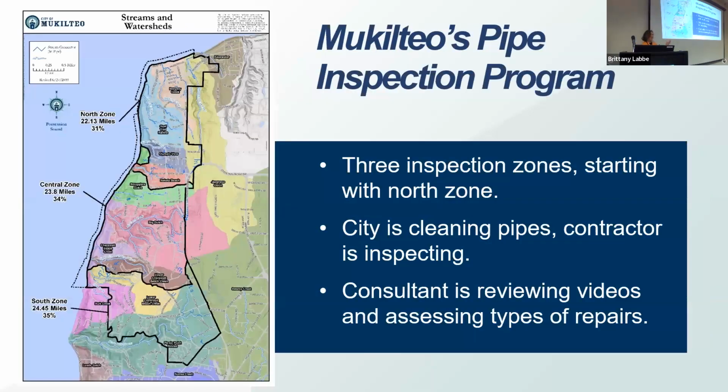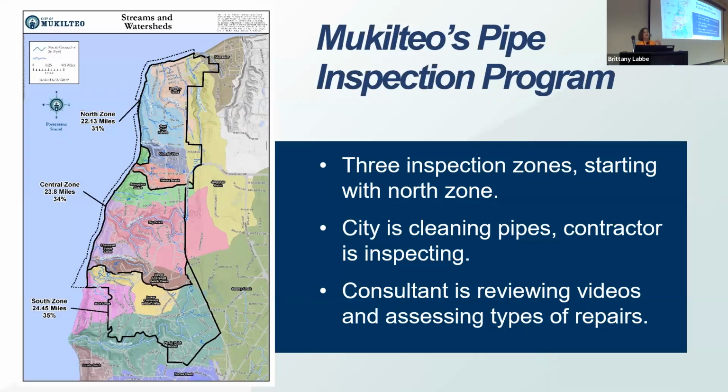On the other side of things, Mukilteo has a pipe inspection program, a CCTV condition program. They are inspecting all of their pipes over a certain size, starting with the north end of the city: the north zone, central zone, and south zone.